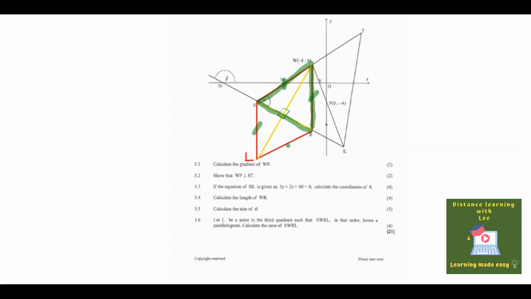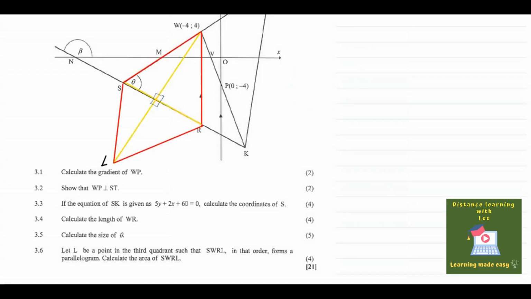Now let's try and calculate the area of the triangle. What do we know about calculating areas of a triangle? We need to calculate the area of triangle SWR, and then from there we can simply multiply that area by 2, and then we will have the area of the parallelogram. So how can we calculate the area of triangle SWR?